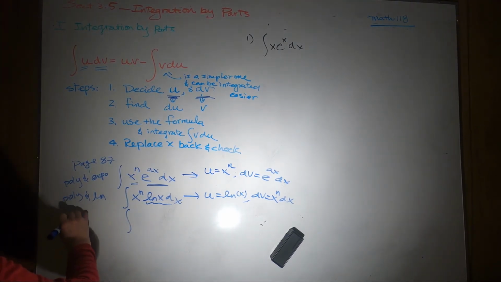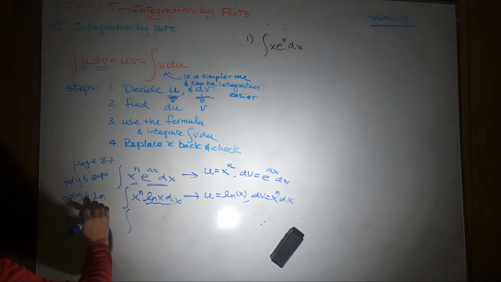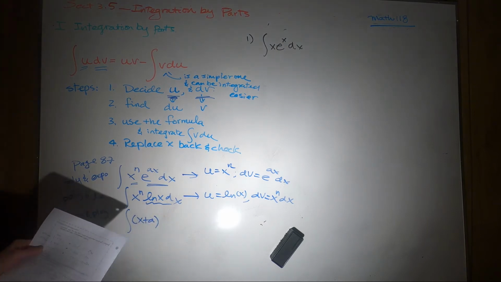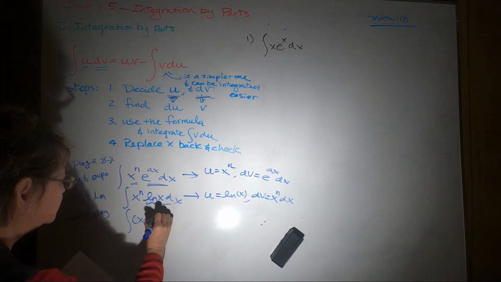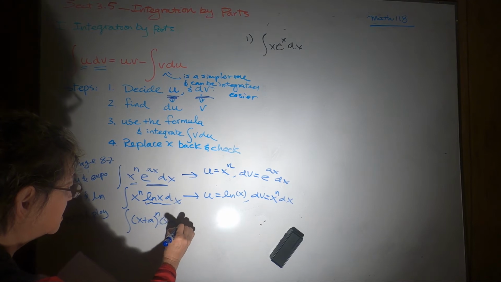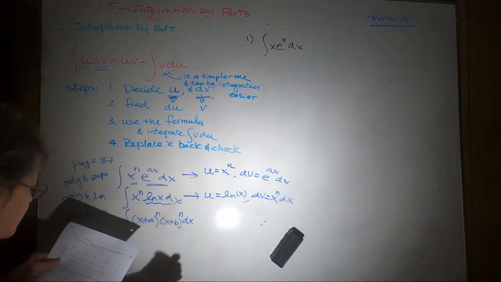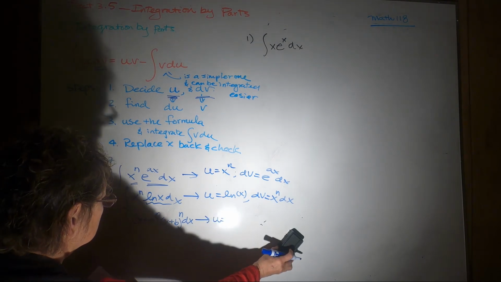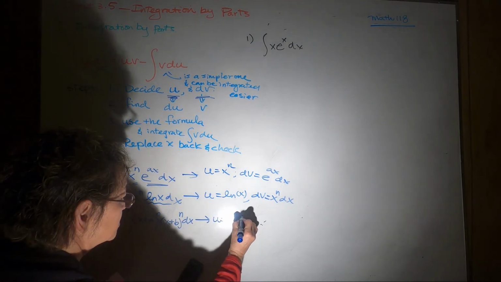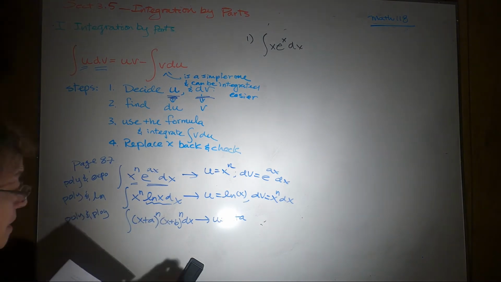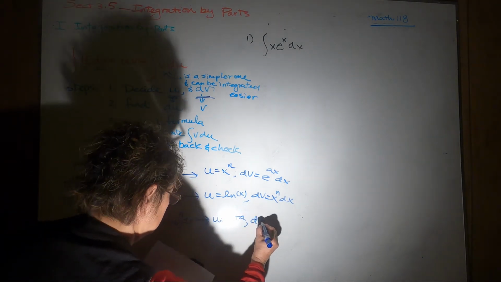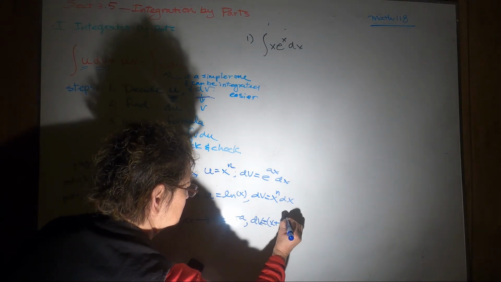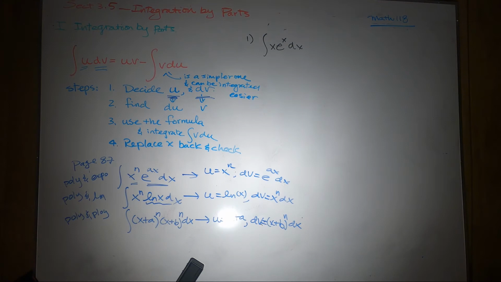If I have polynomials in both, if I have x plus a to some kind of power, and x plus b to some kind of power, okay, we will use u as what? x plus a, the first part, and dv equals x plus b to the nth power, this part.